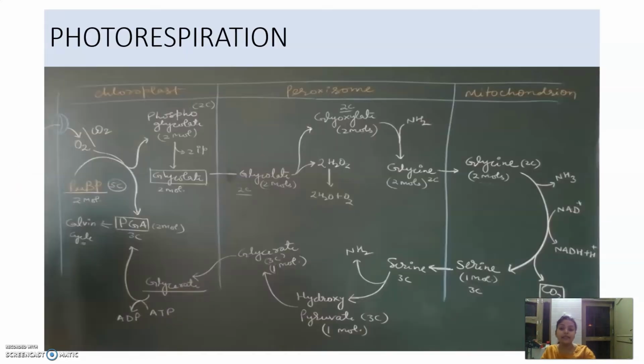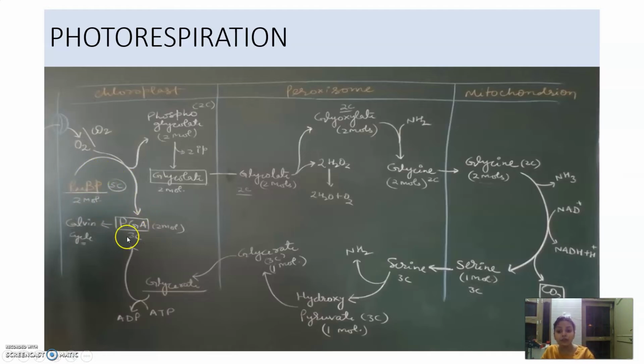Let's proceed forwards. This is the overview of photorespiration. When the oxygen concentration is high at high temperatures, Rubisco will act as an oxygenase. If we take two molecules of RuBP, it is a 5-carbon molecule, so 5 into 2, we have a net of 10 carbons.